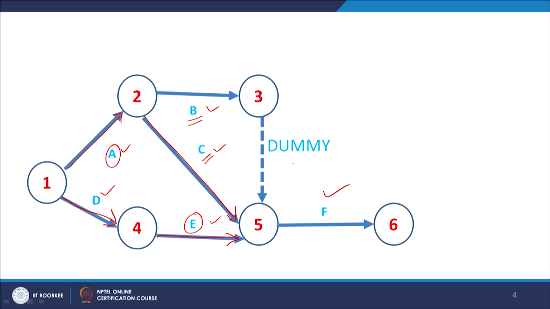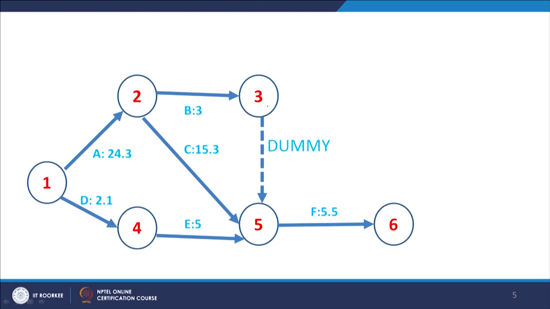Now, we have already calculated the expected time values for various activities, so those will be shown here for each activity. The expected time value for activity A is 24, for B it is 3, for C it is 15.3, for D 2.1, for E it is 5, and for F 5.5.